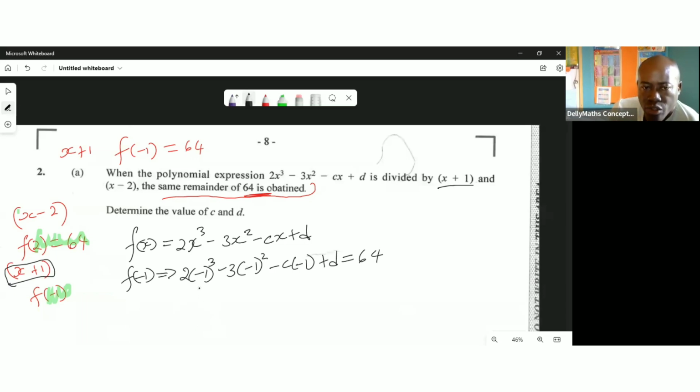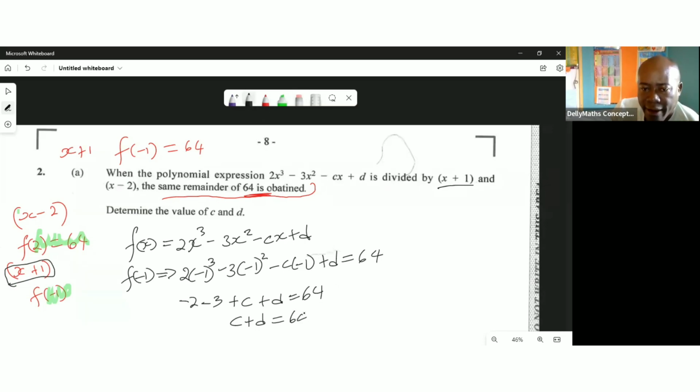So what we have to do now is to carry this out, try not to make any form of error. So we're looking at -1 to the third is -1 times 2, that's -2. And then -1 squared would be 1 times -3, -3. And then this will be a positive c, positive d, and this is equal to 64. So basically, c plus d minus 5 is equal to 64.